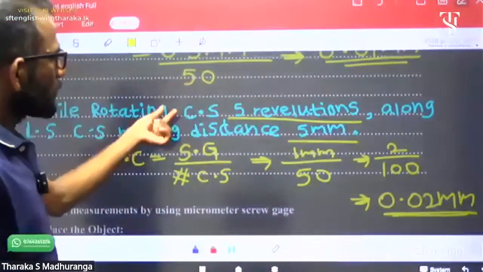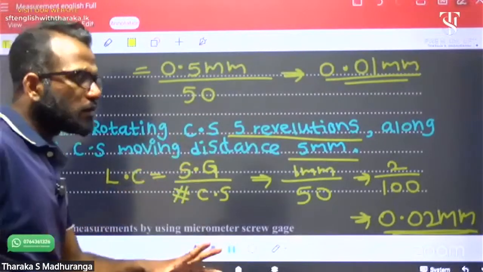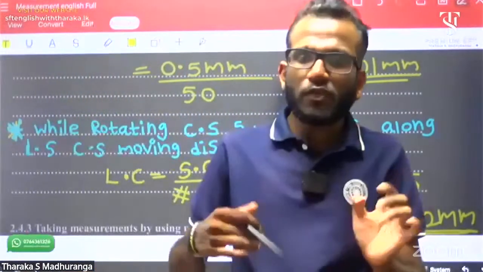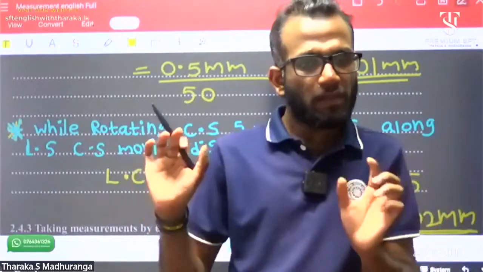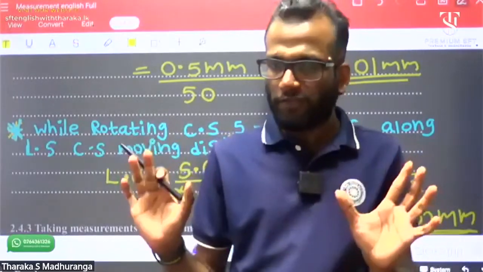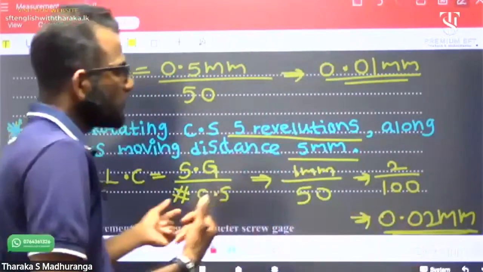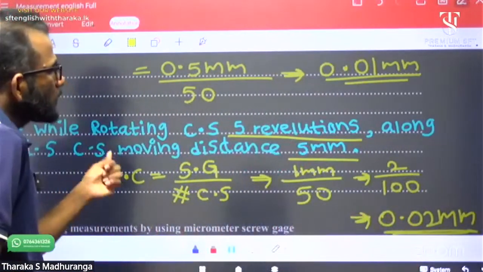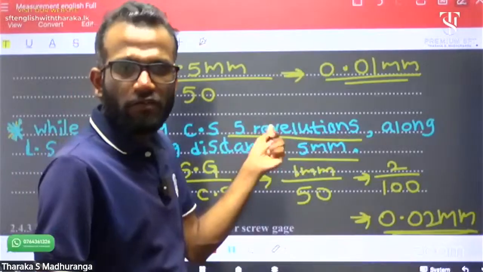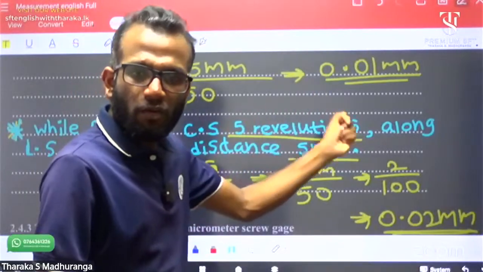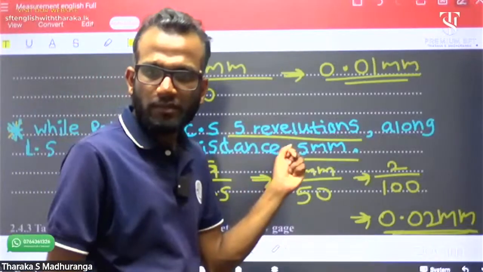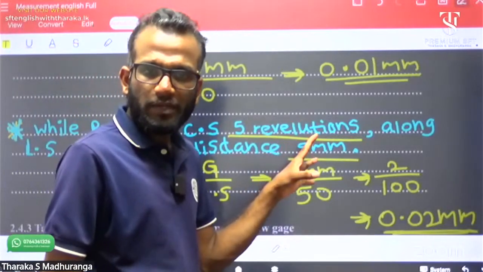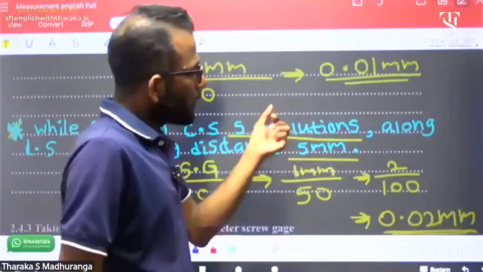Now this question gives the number of circular scale parts directly: 50, right? And while rotating 5 revolutions of the circular scale along the linear scale, the circular scale moves 5 millimeters.